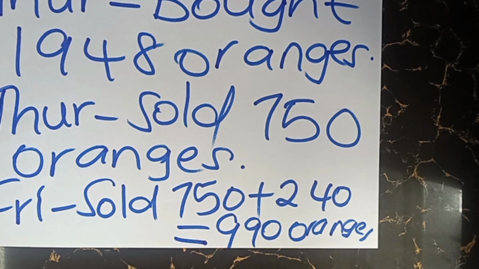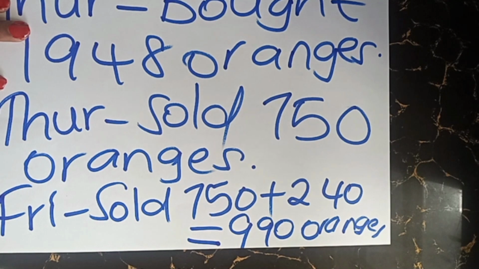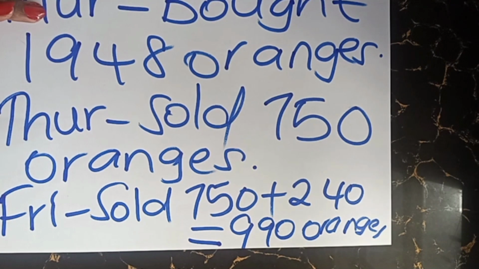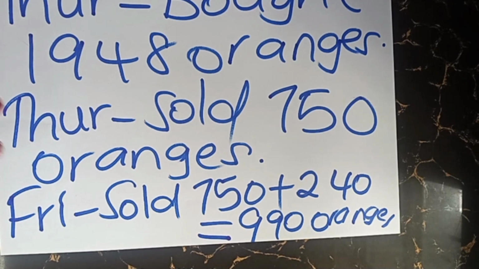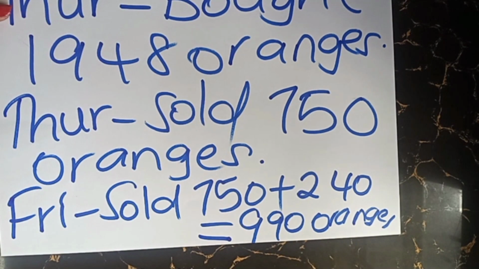Are we together? Yes. So how many oranges does this fruit vendor have left now? We've been told that he bought this number of oranges on Thursday. He then sold 750 of them on the same day. Then on Friday he sold 990 oranges. So how many oranges had he sold by the end of Friday in total?